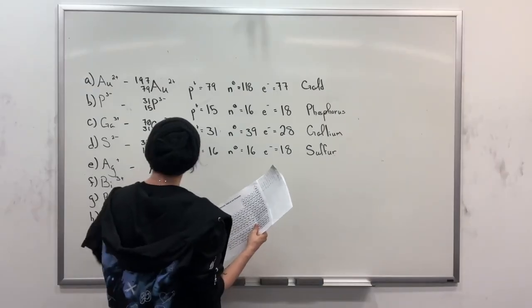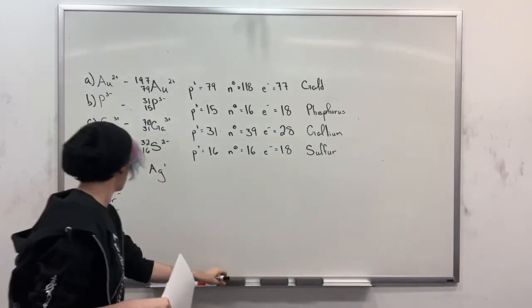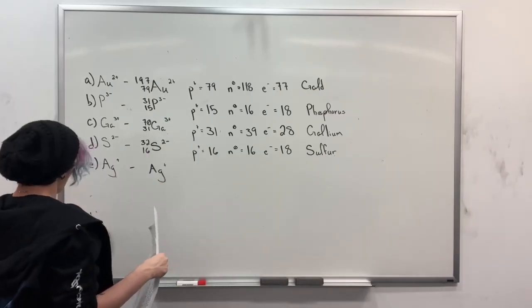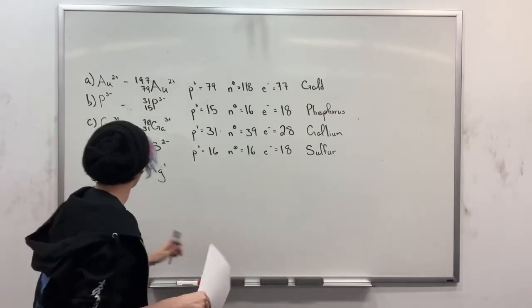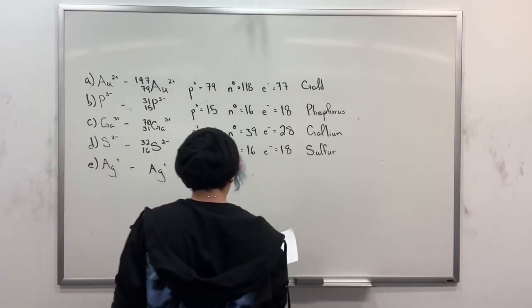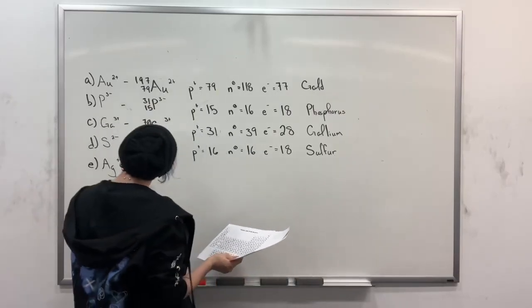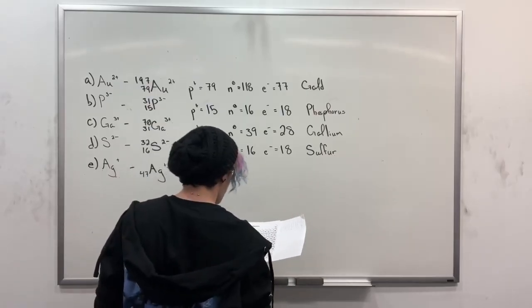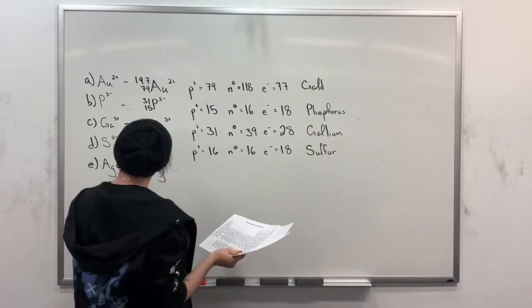Ag plus. I'm going to erase these down here for a bit just because I need to move them down, so I'll move them as I go. So Ag is silver. It's number 47 on the periodic table, and it has a mass of about 108.